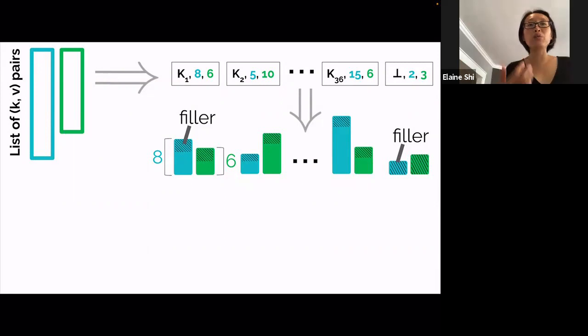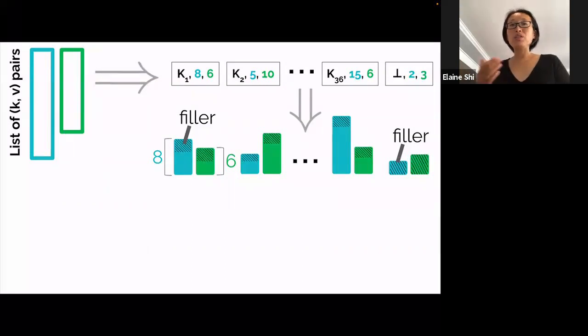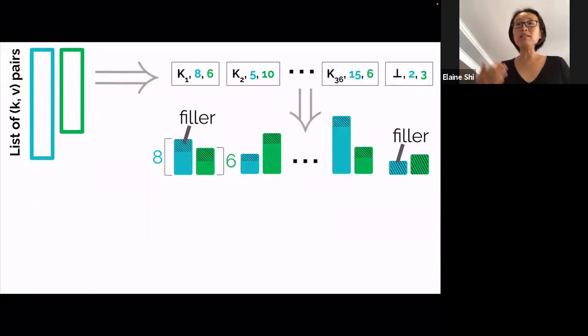Similarly, for K1, the green bin stores items from the green table with the key K1, padded with fillers to a total capacity of 6, where, remember, 6 was the noisy count we wrote down earlier. And we do this for each and every key. Basically, we will write down two bins for each distinct key contained in the noisy count array, including the filler keys.